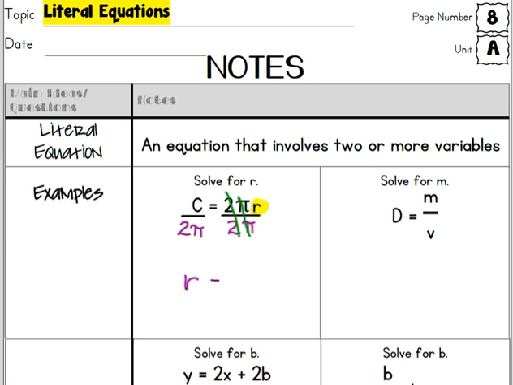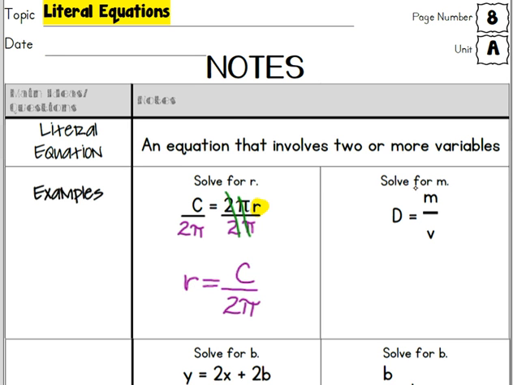And here we have our answer: the C, which is the formula for circumference, so circumference divided by 2 pi. That is the equation solved for r because we have r by itself.